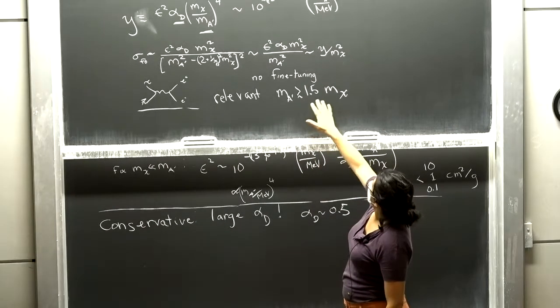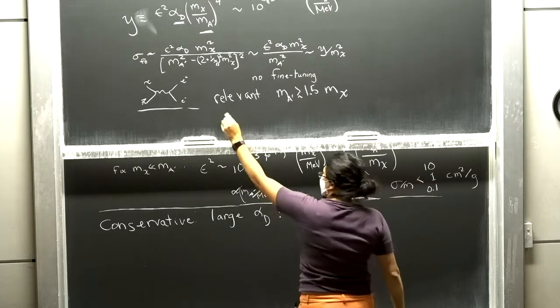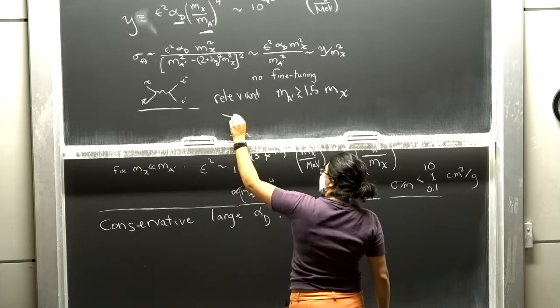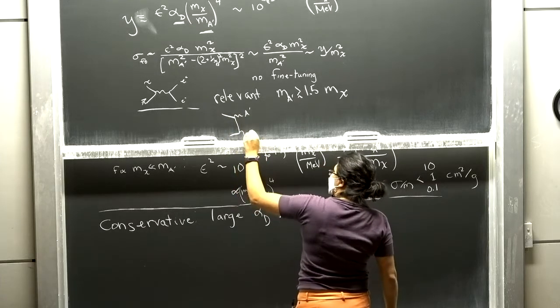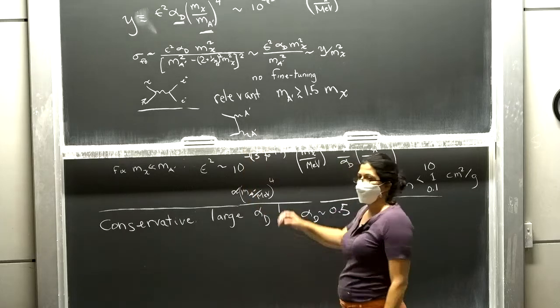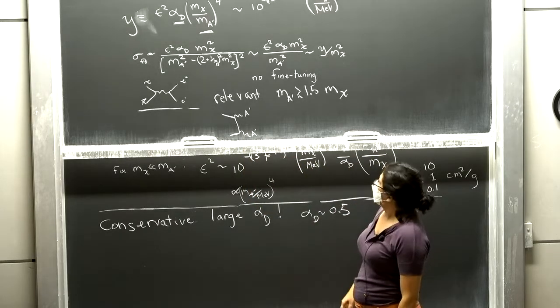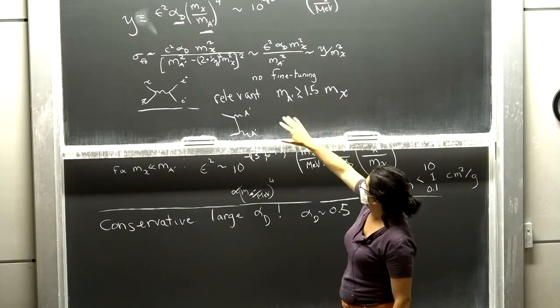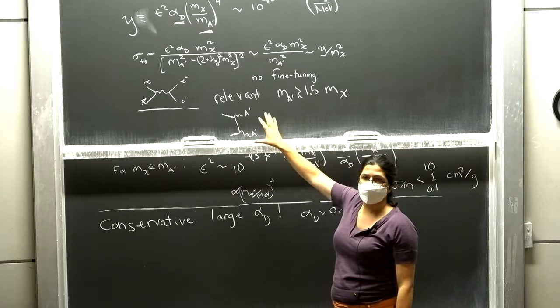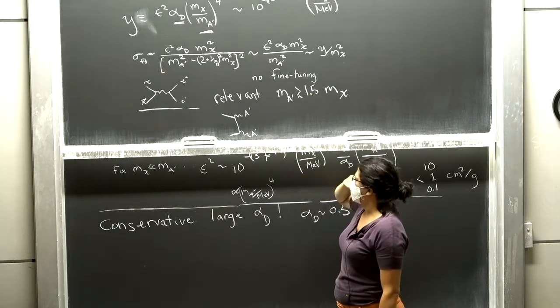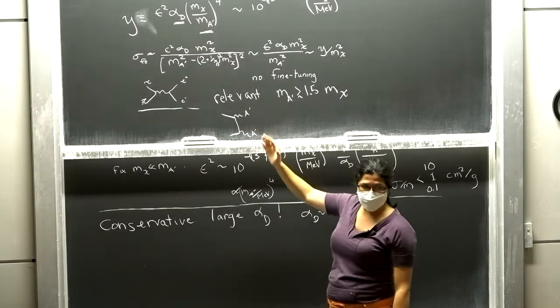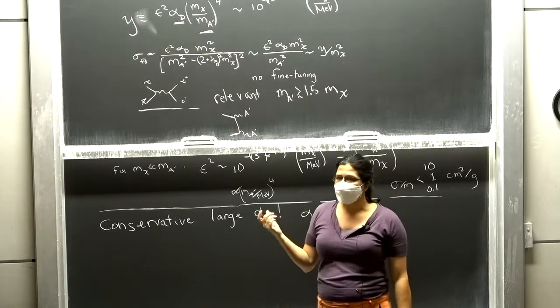Clearly, if the A prime mass was less than the chi mass, it would open up this process kinematically, even at low velocities. And it turns out up to 1.5, this process can still be important, just by living off the Boltzmann tails. That's this forbidden dark matter model.